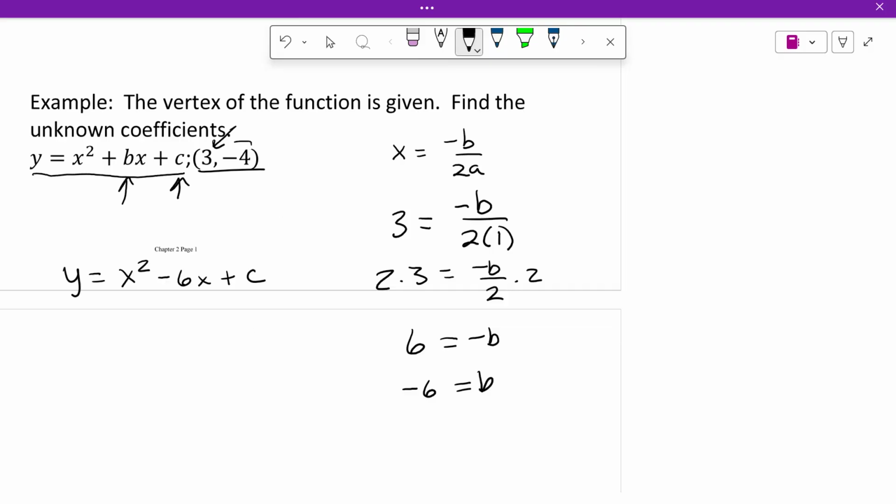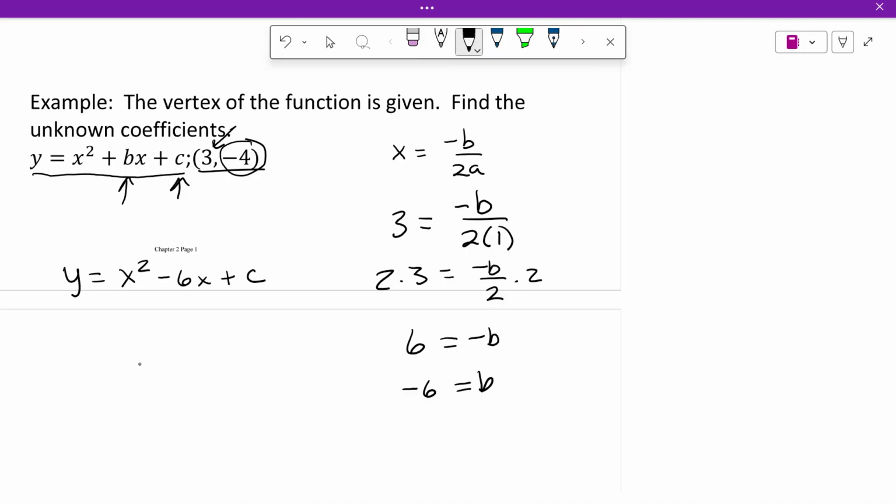Now, the 4 is the y value of my vertex. How do I find the y value of my vertex? I plug the x value of my vertex into the function and find my y value of the vertex, right?